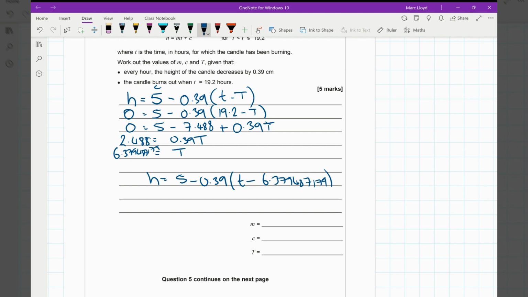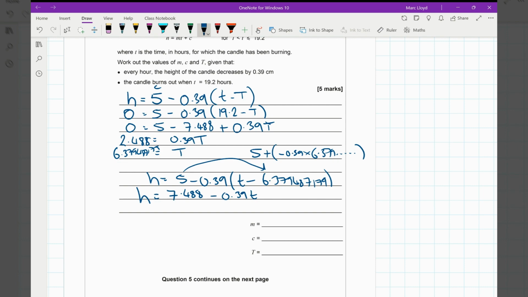I've skipped a little bit on my working, but 5 times negative 6.3 dot dot dot. Sorry, no, 5 plus the negative 0.39 times the 6.379 dot dot dot will give us 7.488, take away 0.39 t.